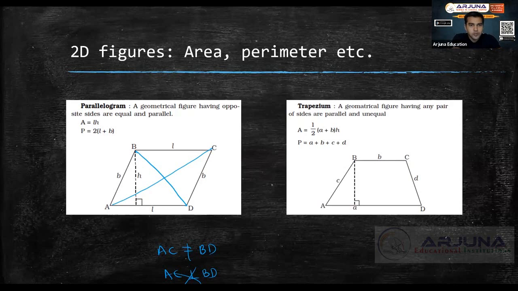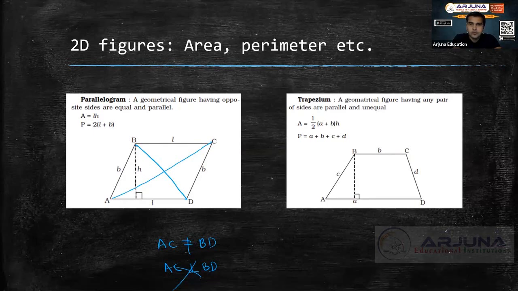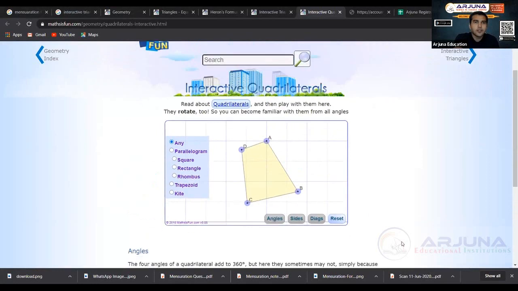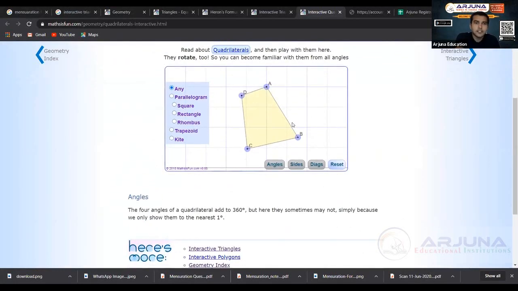Okay, so now I will just do a small demonstration for this part also. You have an interactive quadrilateral here. And what is an interactive quadrilateral? I can change the points, and I can find out the angles for it, and the sum of the angles is always equal to 360.